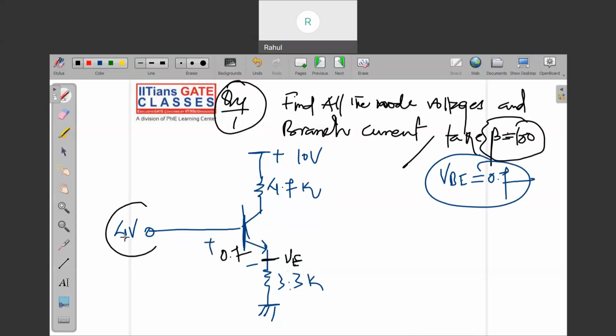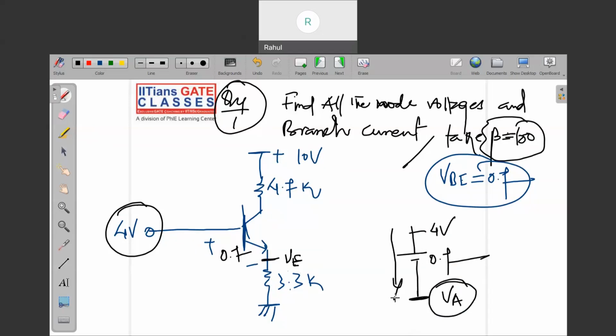This is positive potential, 4 volt, therefore your transistor is on, because this junction demands at least 0.7 volt to make the transistor conduct. So it is forward bias, and there is no base resistance. So the moment you come down, your potential will decrease. So how are you coming down?